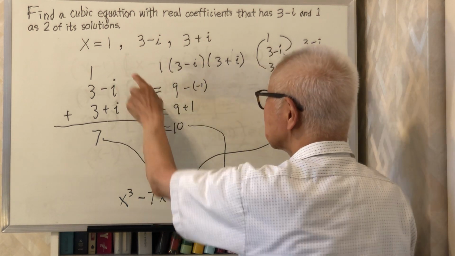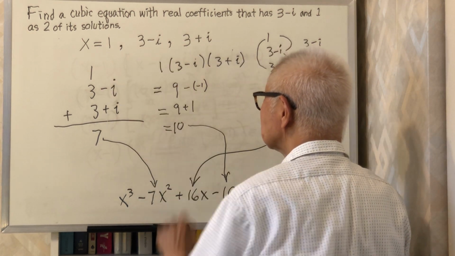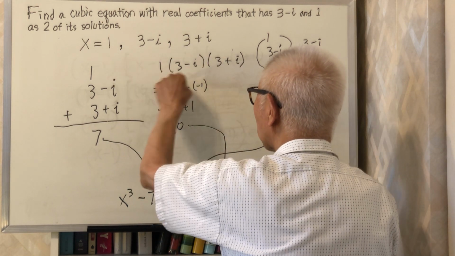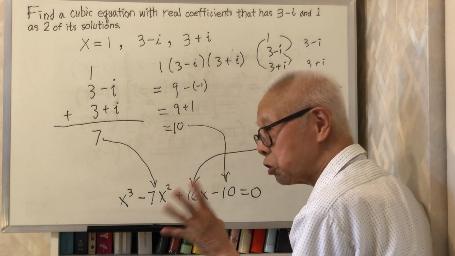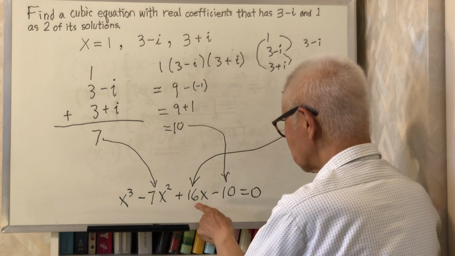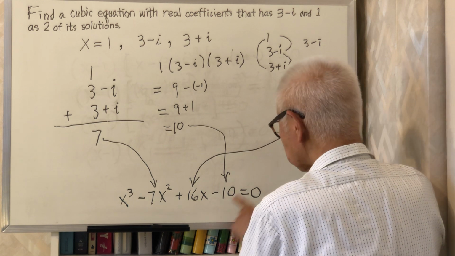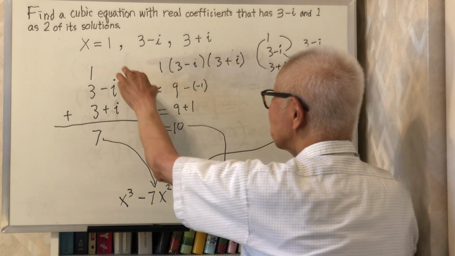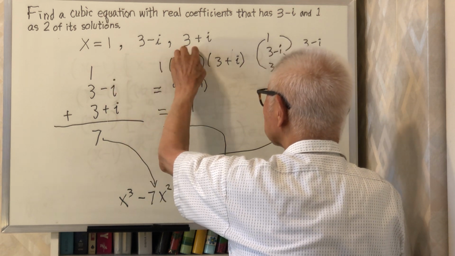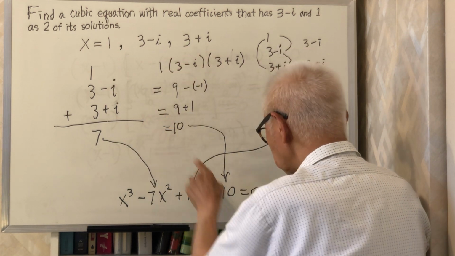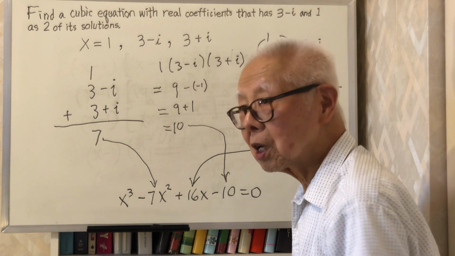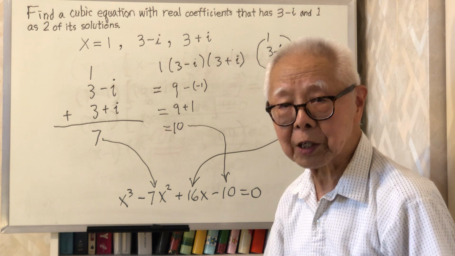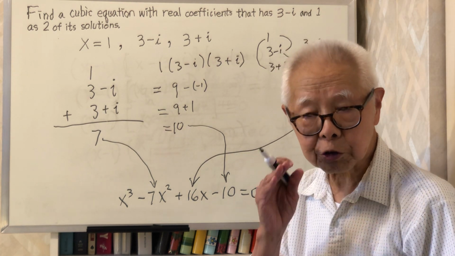So this 16 is x1 times x2 plus x2 times x3 plus x1 times x3. Don't change sign. No change sign, okay? The last term is x1 times x2 times x3, which is 10, you must change the sign. So use this property of cubic equation, you get the answer right away, provided you know the three answers.